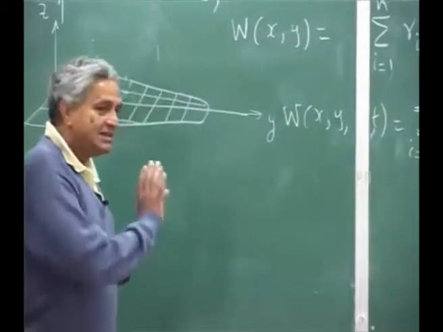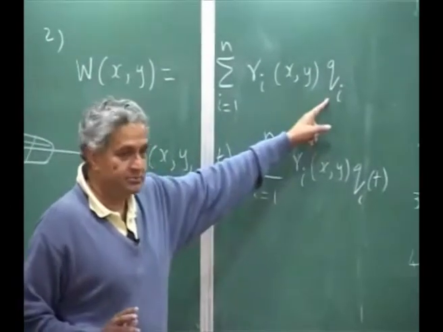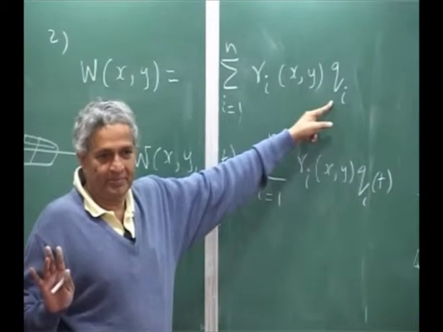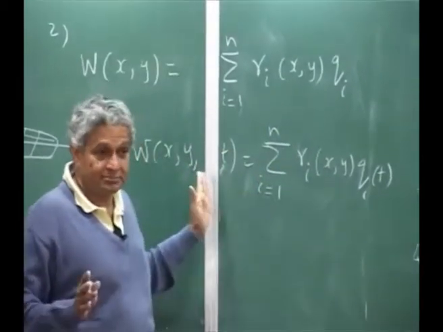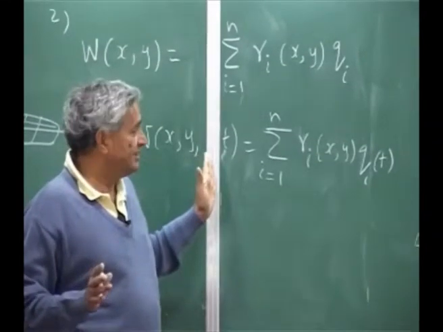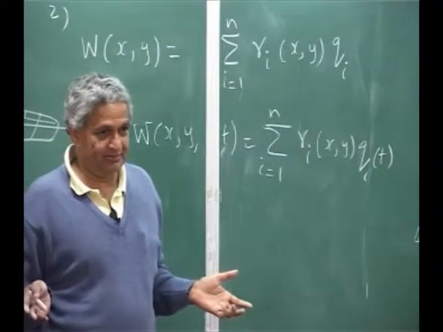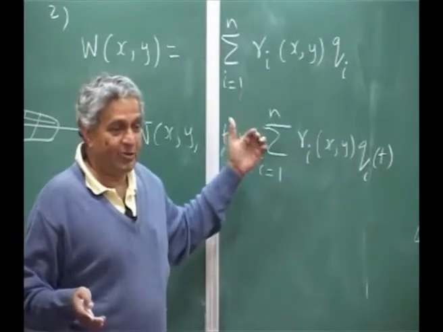Now, you see this is a little different, but my unknowns are q i. Okay. This is essentially like a separation of variables. And the q i's are my generalized coordinates. Now, gamma i's are assumed, q i's are generalized. Now, what will I do?